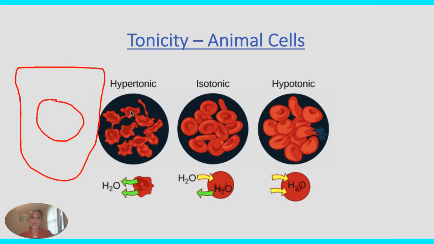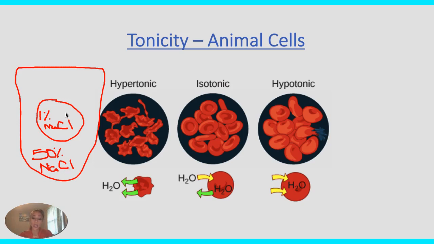If it's in a hypertonic solution, that means that, let's say my solution inside that beaker is 50% sodium chloride, and then my concentration inside one of these cells is, let's say, 1% sodium chloride. That's what it means to put that cell in a hypertonic solution. The solute concentration is higher outside of the cell than inside the cell.